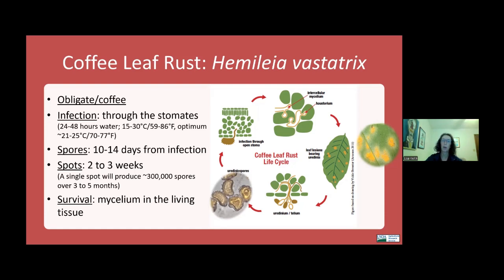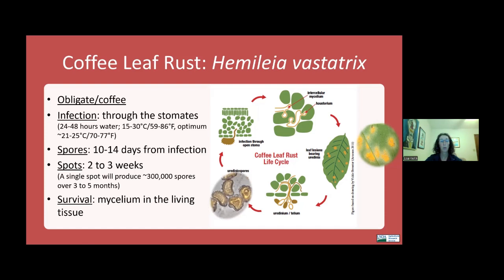They produce haustoria, or specialized feeding structures, and then they actually germinate back out through the stomates and start producing chlorotic spots and spores. So once infection begins and the spores that you're looking at here get into the leaf, within about 10 to 14 days, you can start to see new spore production.